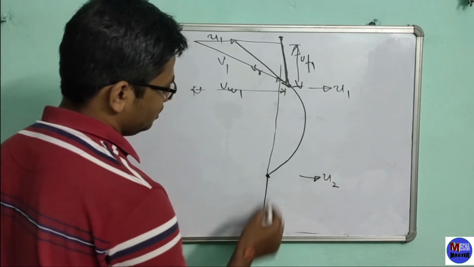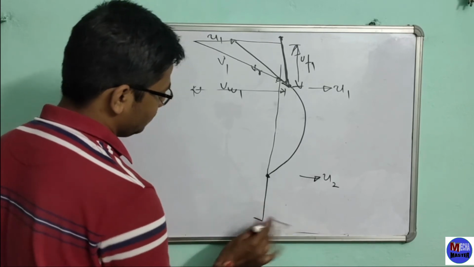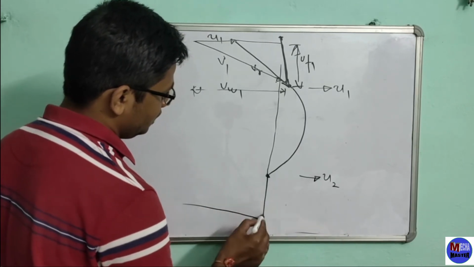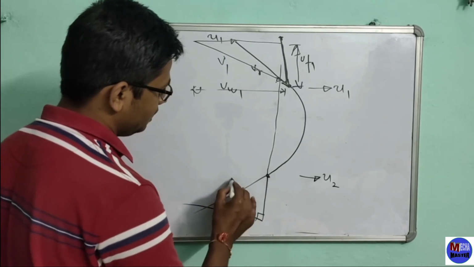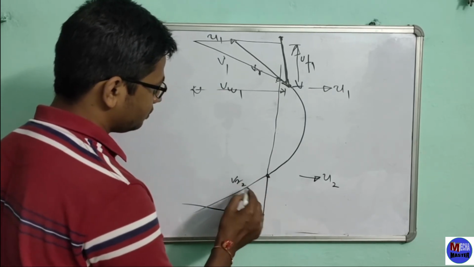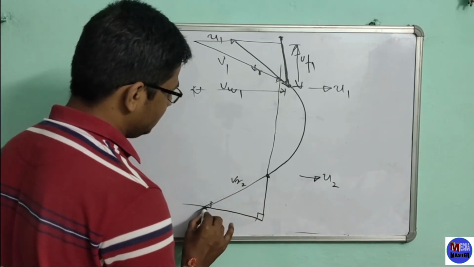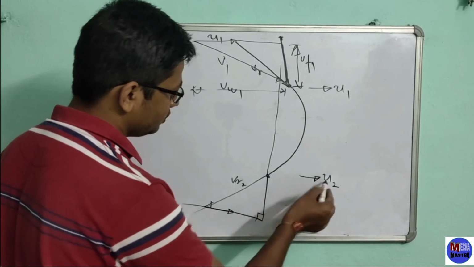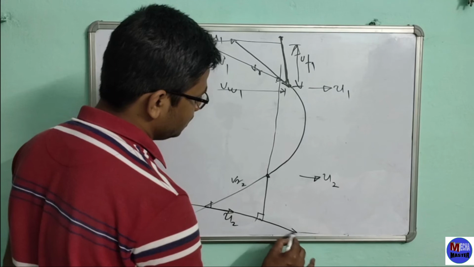So suppose this is the velocity of flow, you can take the 90 degree angle, the tangent will be the relative velocity, and at the tip you have to add u2, this u2 may be up to here.